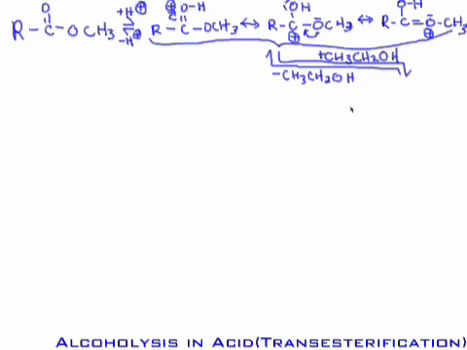Now we have, starting from the carbocation here, C-OH, OCH3, and now I have an O with a CH2CH3, and of course there's an H off of it. And we can deprotonate the ethanol group.